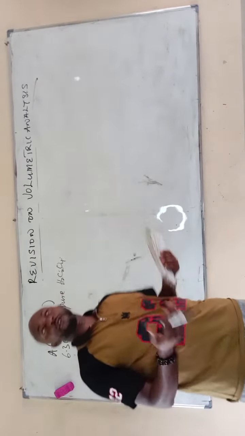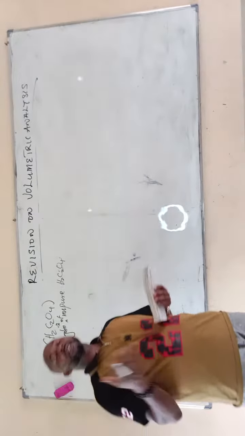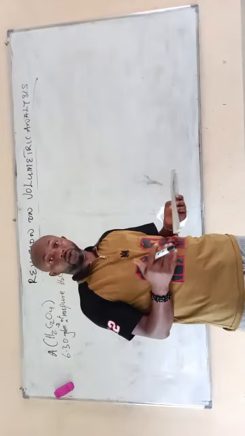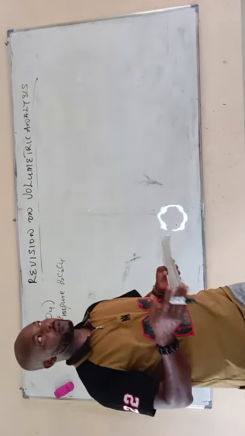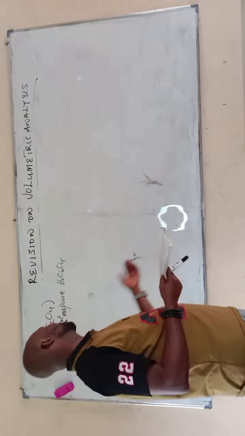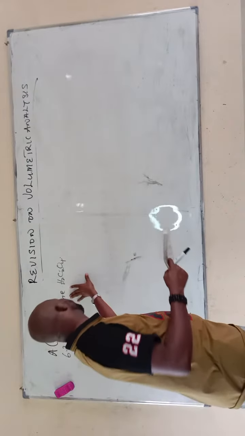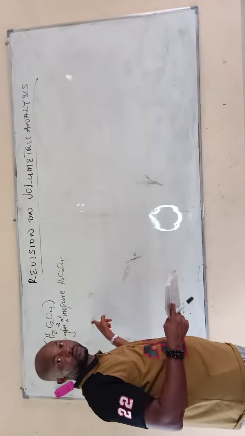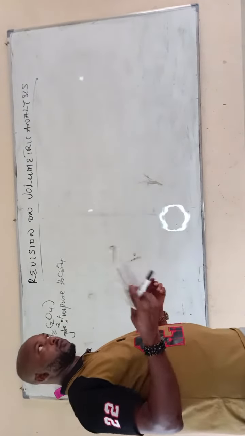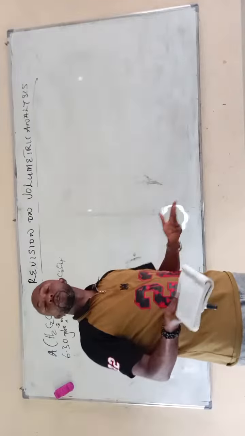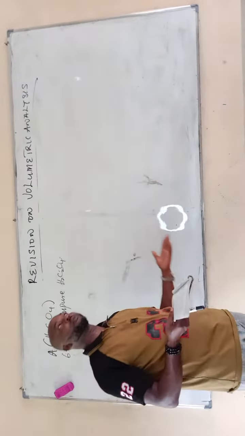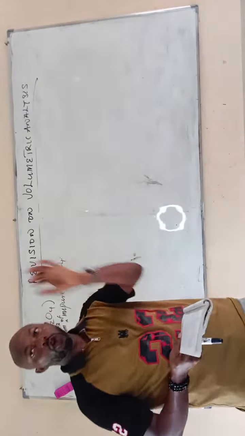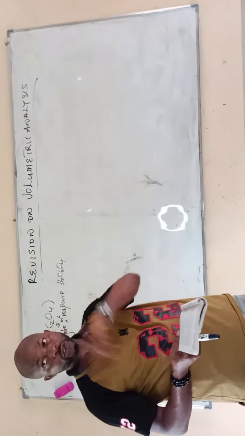Now, what is the formula for percentage purity? We say the mass concentration of pure over the mass concentration of the impure times 100 is the formula for percentage purity. And you see, they're giving us the impure, which means we must certainly get the mass concentration of the pure. If you want to get percentage impurity, the formula is mass concentration of impure minus mass concentration of pure, over mass concentration of impure, times 100.